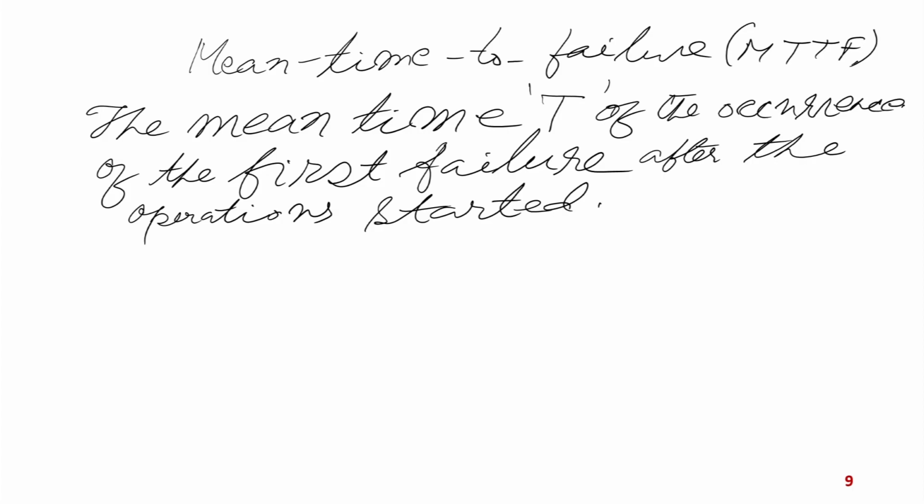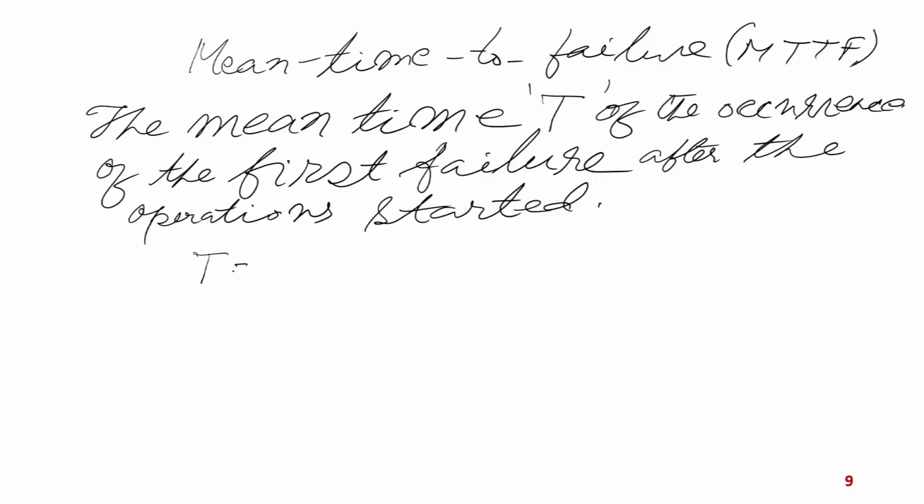So, this is the mean time. Mean time means it is something like the expectation. Here my random variable is t, and if I know the failure distribution function f t, I will be able to calculate the mean by calculating the expectation.